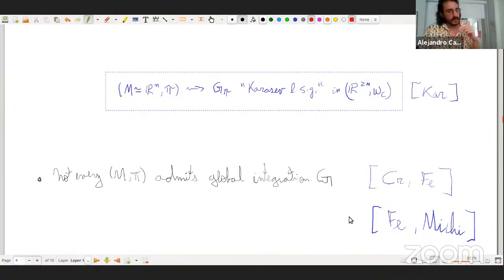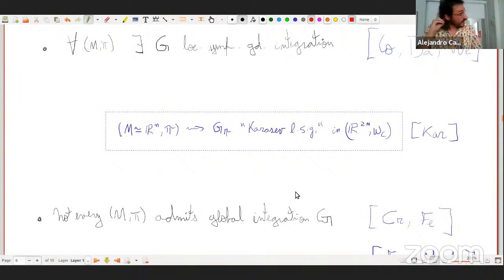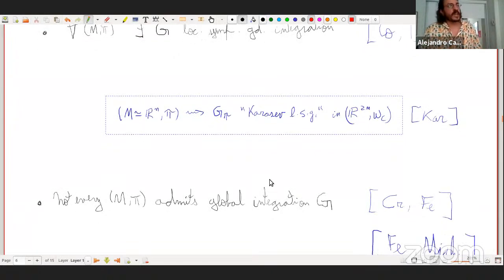There is also a newer alternative approach by Fernandes and Michiels, based on local groupoids. I will maybe mention this at the end again. So I hope this is a more or less clear picture. We have these local symplectic groupoids, and in a very precise sense, they integrate the Poisson bracket. They give finite transformations corresponding to, for example, Hamiltonian vector fields.